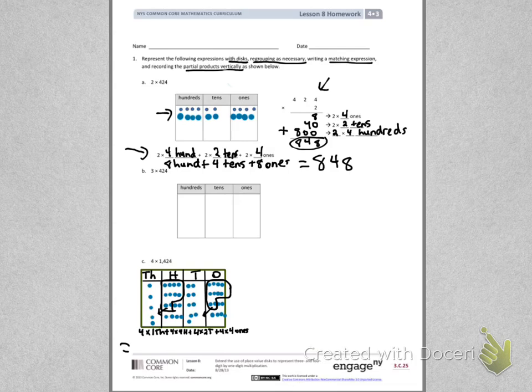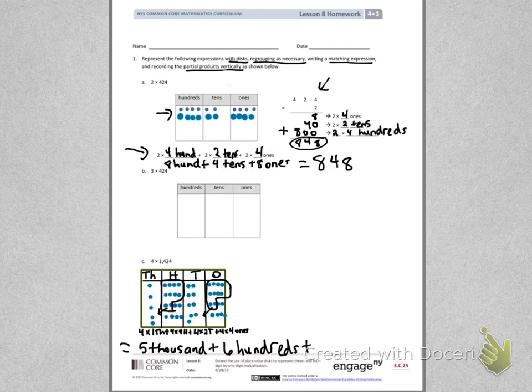And we can see now we have 5 thousands. 5,000. Plus, in the hundreds, we have, what do we have here? 1, 2, 3, 4, 5, 6 hundreds.